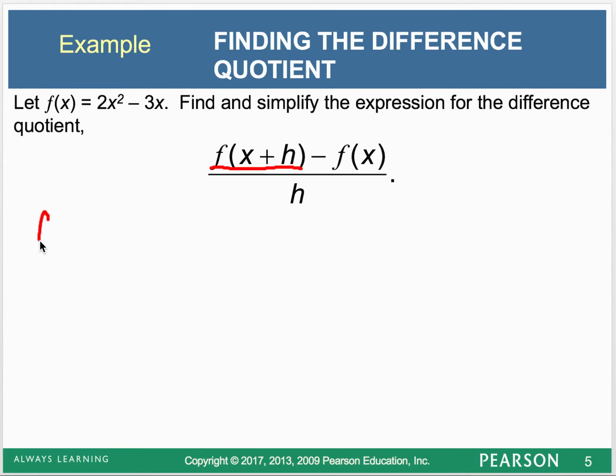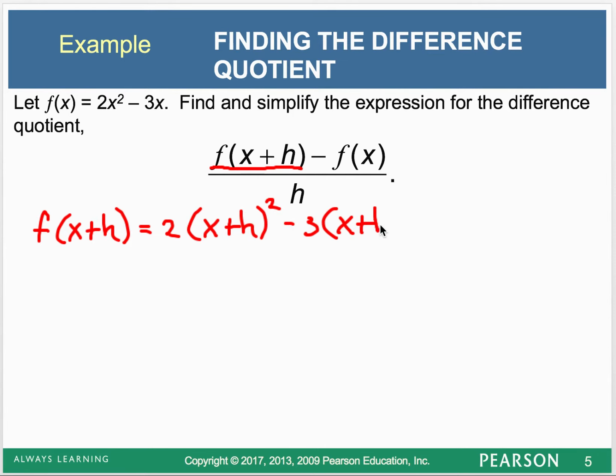So if I was going to find f of x plus h, just think about what that means. It means take your function f, and substitute x plus h everywhere that there's an x. So we would have 2 times x plus h, all squared, minus 3 times x plus h instead of just x.